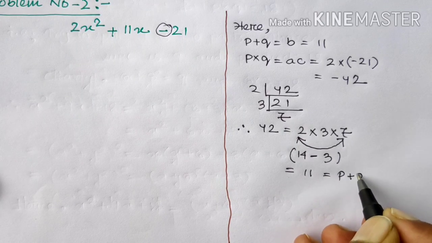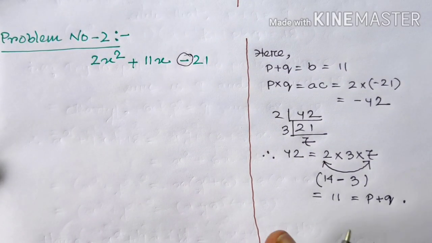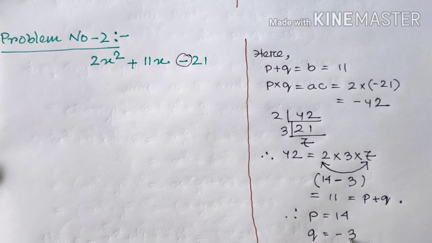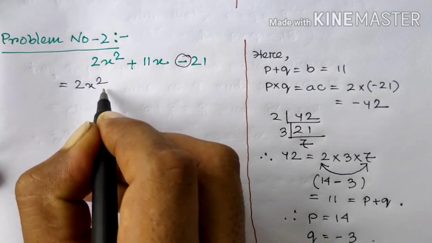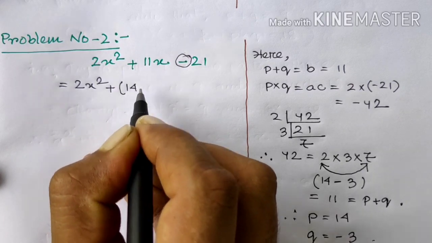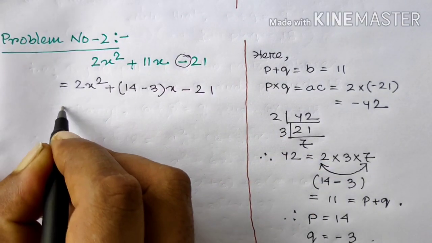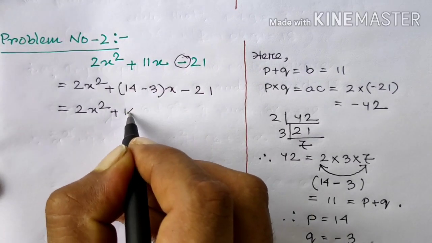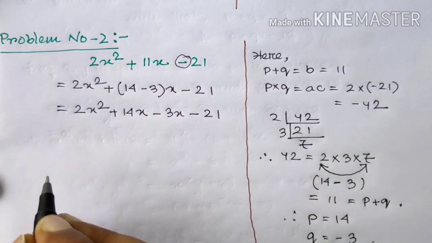If there is a positive sign, then you have to do addition here. Therefore p equal to 14 and q equal to minus 3. Now substitute these values in the given polynomial. We get 2x square plus (14 minus 3) into x minus 21. By simple multiplication, we get 2x square plus 14x minus 3x minus 21.